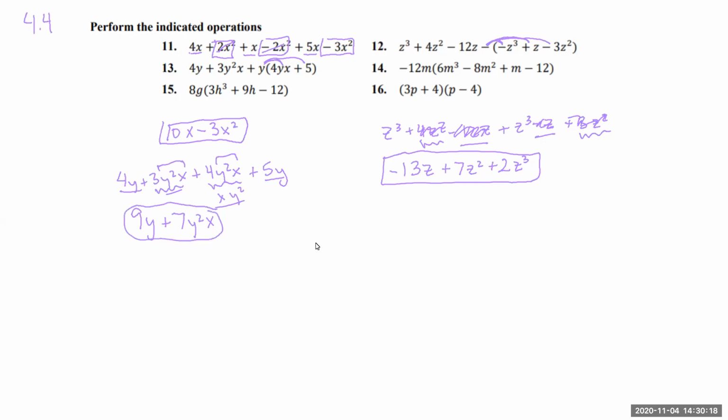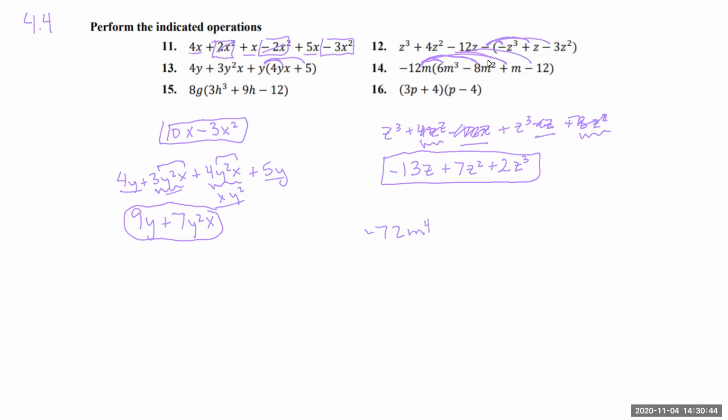Okay, going on to 14 now. So we have something on the outside of the parenthesis that we need to distribute in. So distributing to all the terms that we have here, we're going to have negative 12m times 6m to the third, which is going to come out with a negative 72m to the fourth.